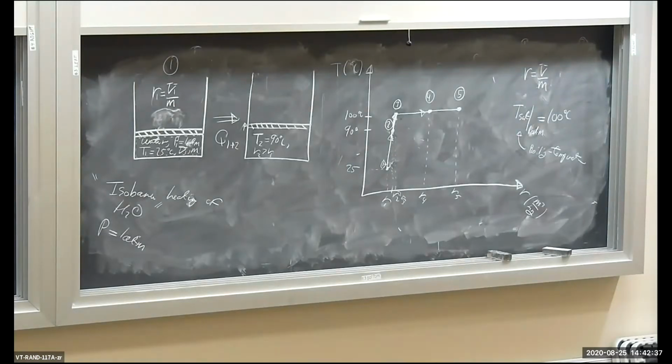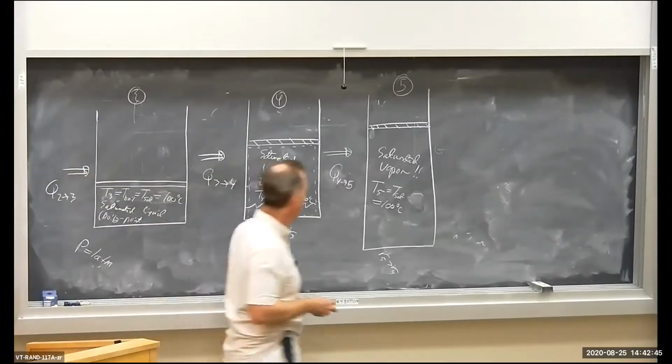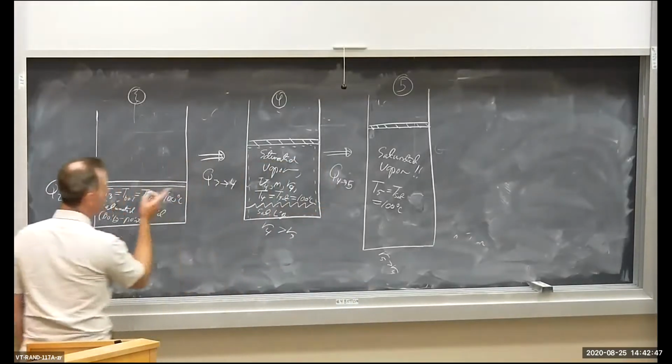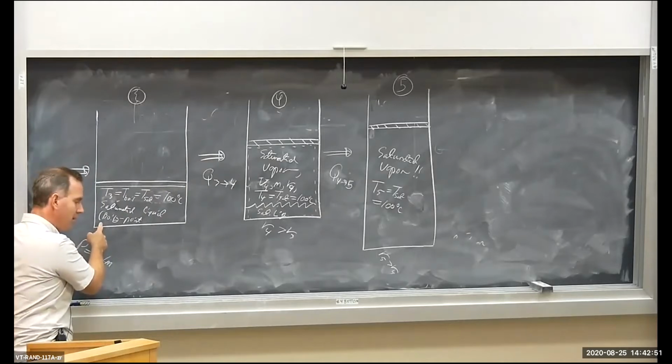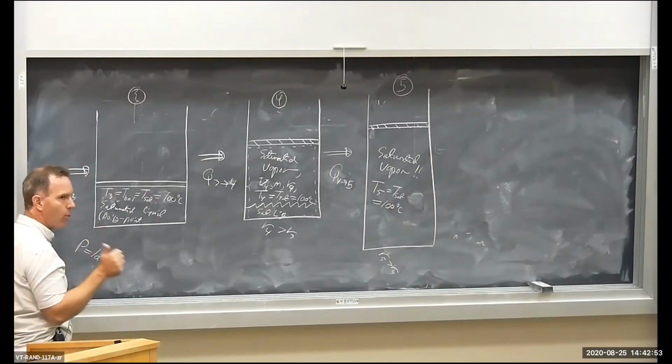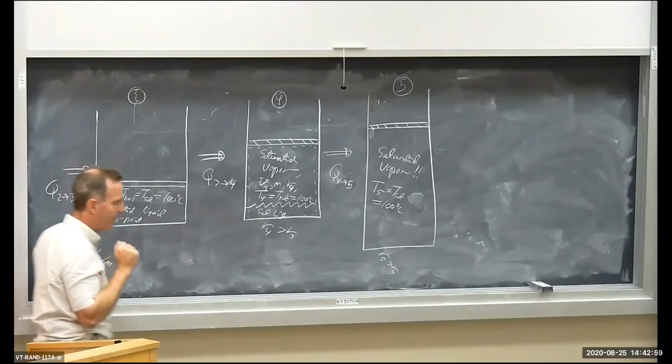Okay, let's add just a little more heat. So I want to point out here that we're going from state 3 to 4 to 5. We're starting off with a saturated liquid. The liquid is just ready to start boiling. You add a little bit of heat and a drop of it will immediately convert to a vapor.